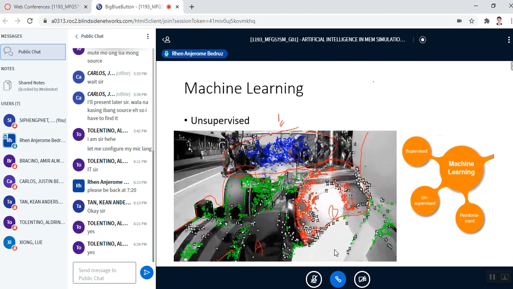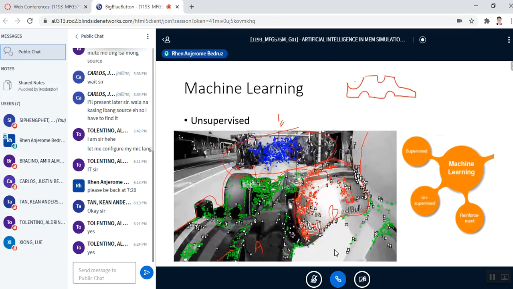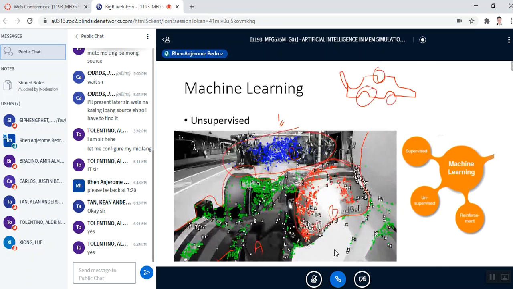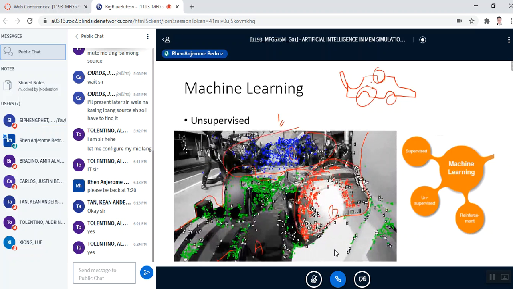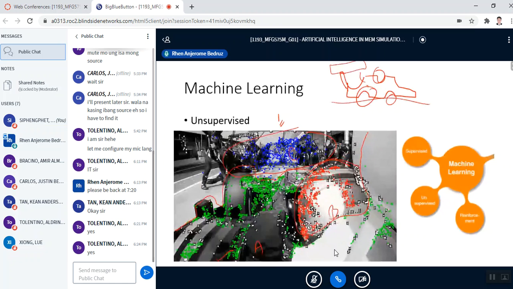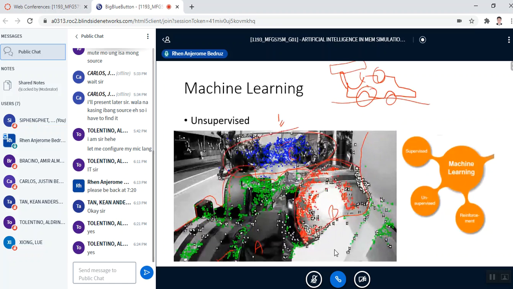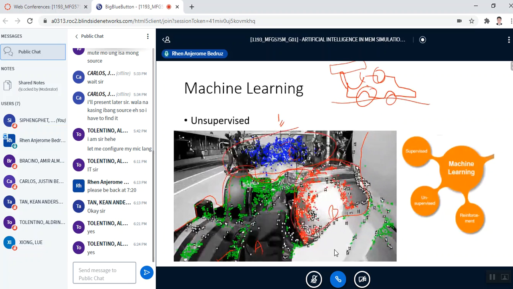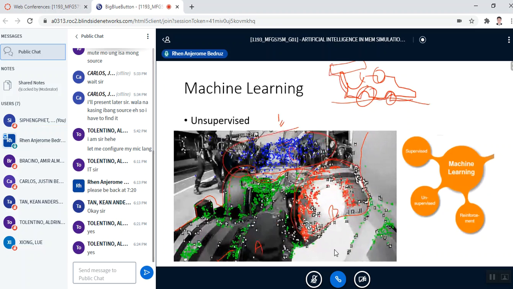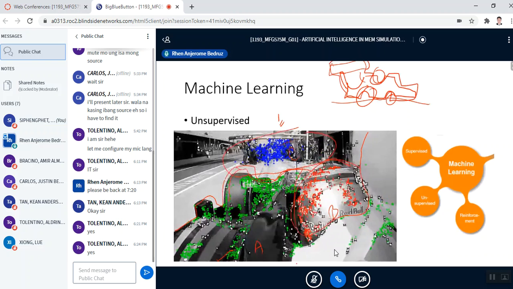If you have another image or another video with a race car, say an inside view position, since the AI already learned this is one group, it would group this already because it already knows this group.